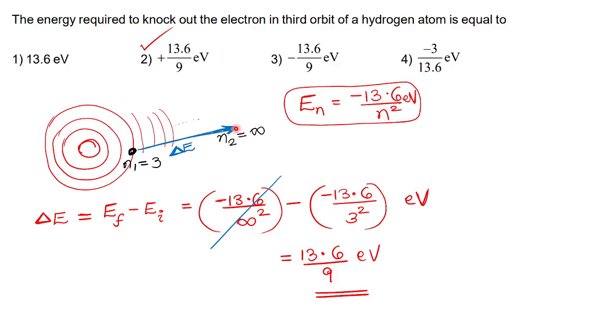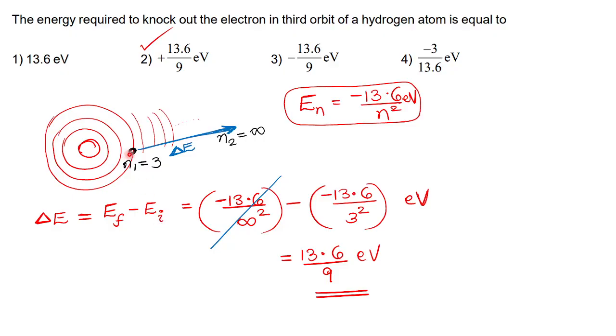So the final energy will be minus 13.6 by infinity square, because in the final state the n value is infinity. Minus the initial energy.